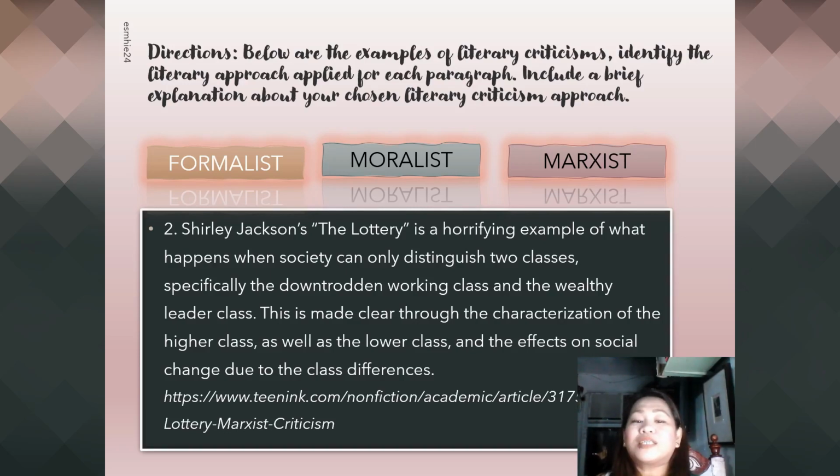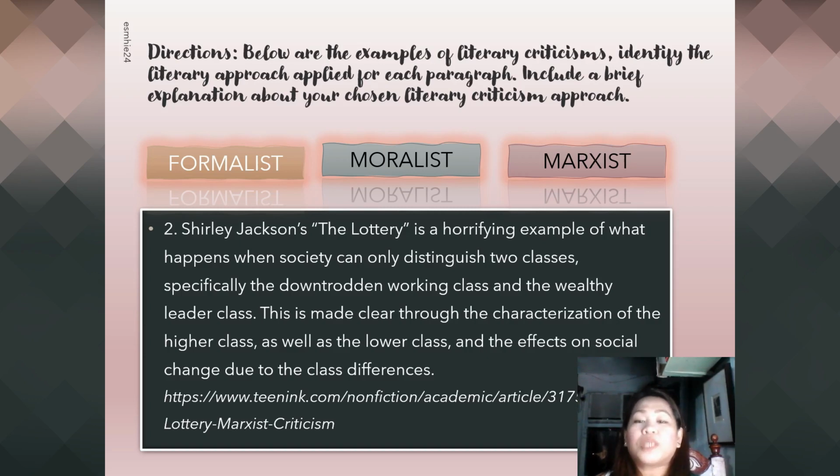Shirley Jackson's The Lottery is a horrifying example of what happens when society can only distinguish two classes, specifically the downtrodden working class and the wealthy middle class. This is made clear through the characterization of the higher class as well as the lower class and the effects on social change due to the class differences.